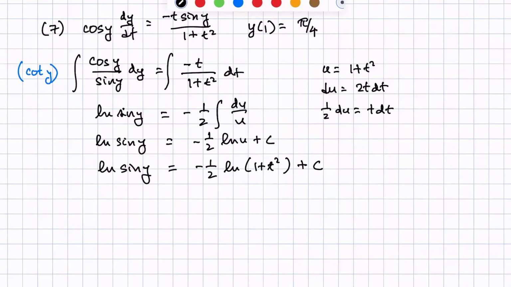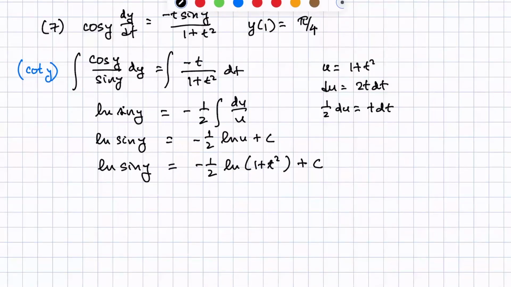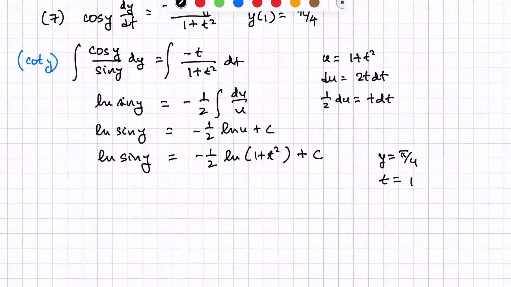Now, at this point, we could plug in our initial conditions and see what we get. So y equals pi over 4 when t is equal to 1. So I have ln of sine of pi over 4 is equal to minus 1/2 ln of 1 plus 1, which is 2, plus c.